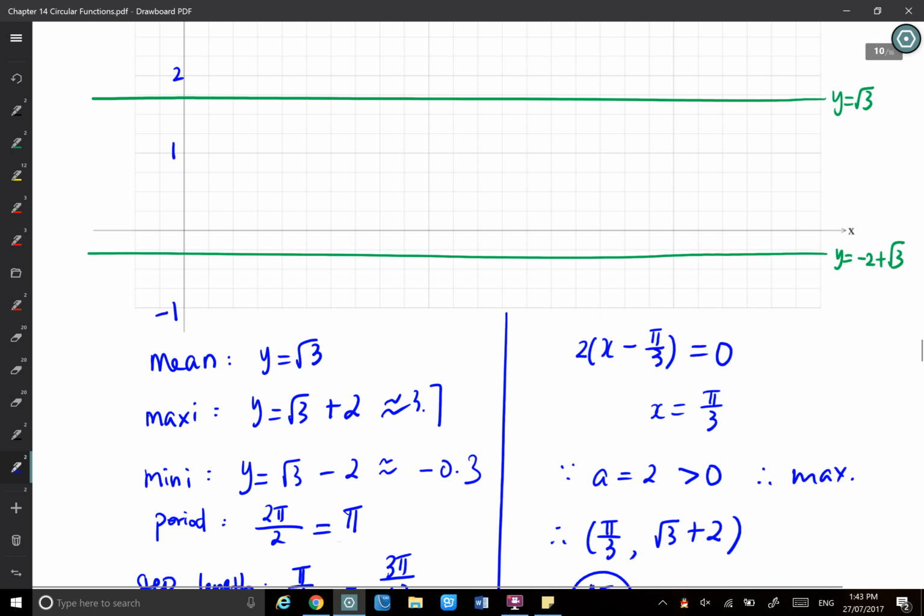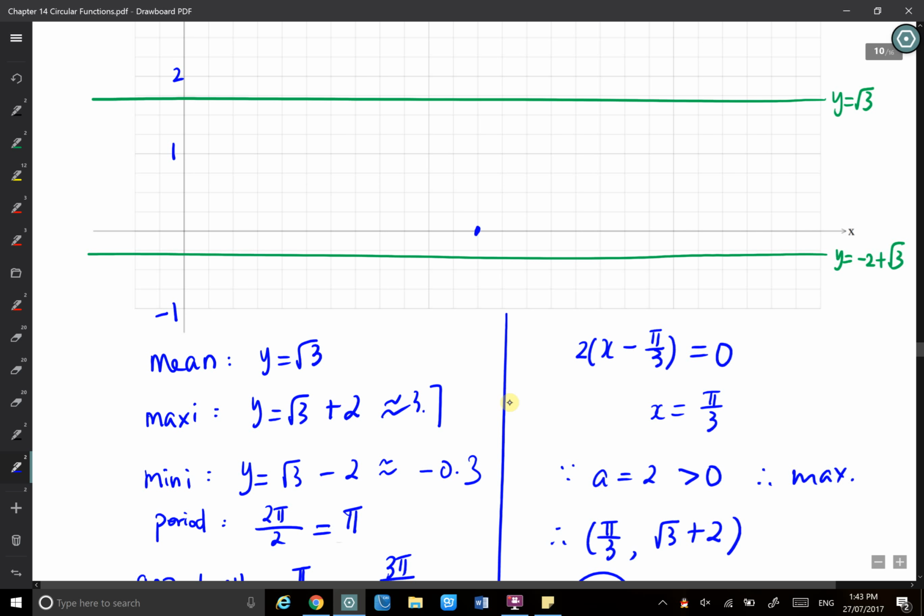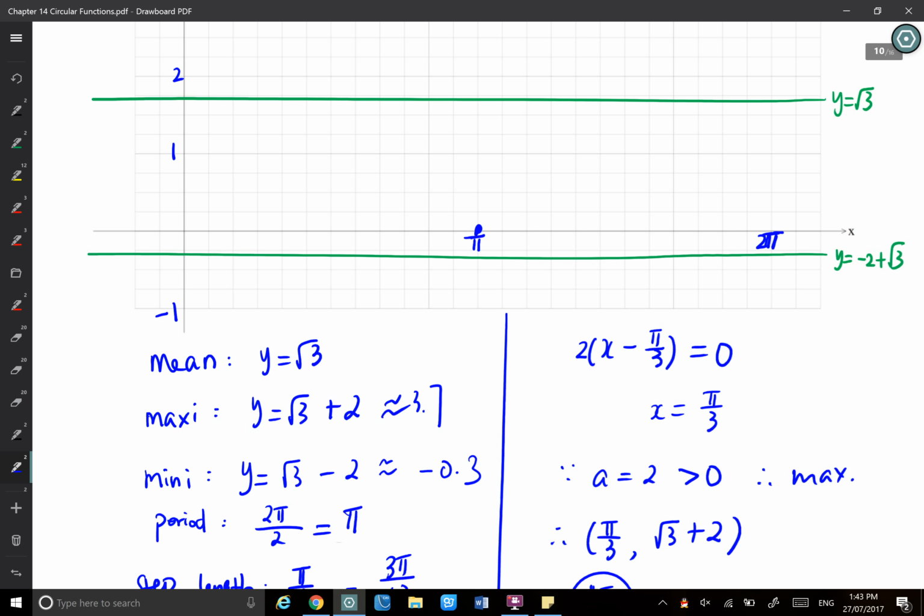I need to label here as pi because there's 12 boxes. And here is 2 pi. It's 26 boxes, about 26 in scale.